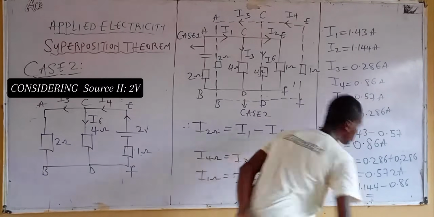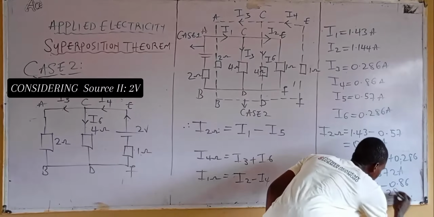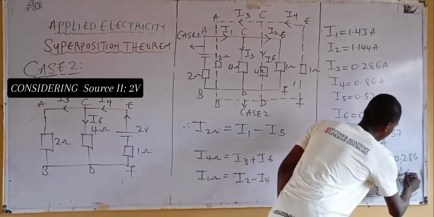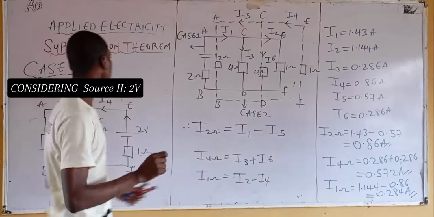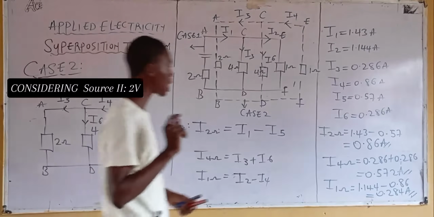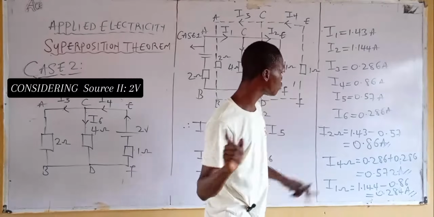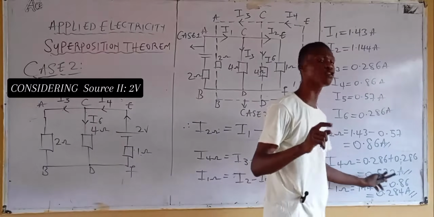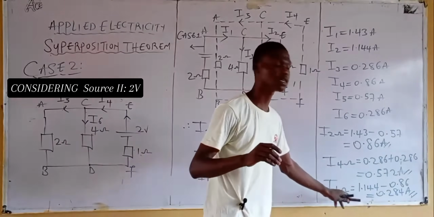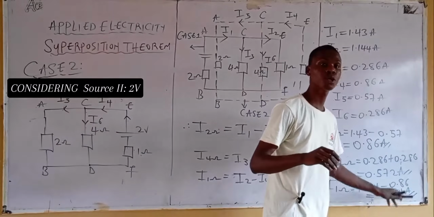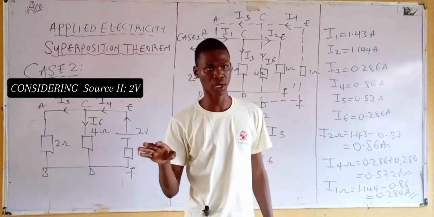Then this is equal to 0.284 ampere. So therefore, the value of current flowing through the 2 ohm resistor is calculated to be 0.86. The value of current flowing through the 4 ohm resistor is calculated to be 0.572. Likewise, the value of current in the 1 ohm resistor is calculated to be 0.286.